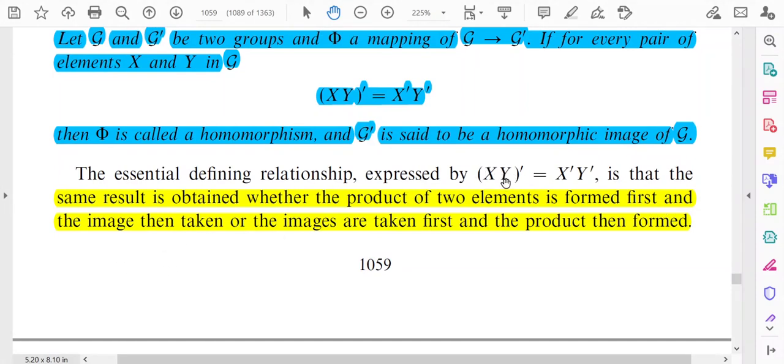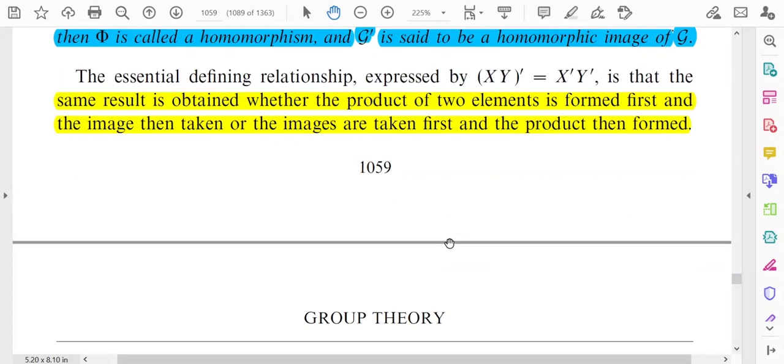That is equivalent to the right hand side, where the images are taken first and the product is then formed. Here x' is the image of x, y' is the image of y. So we take the image first, then we do the product, but the left hand side and the right hand side are equivalent. So we can express this equation in this word form.